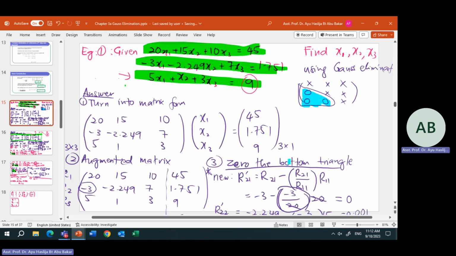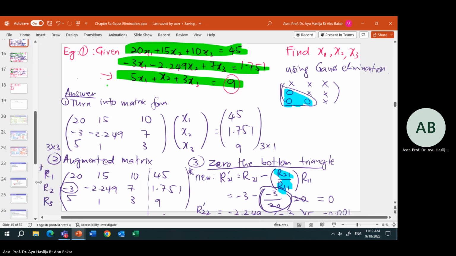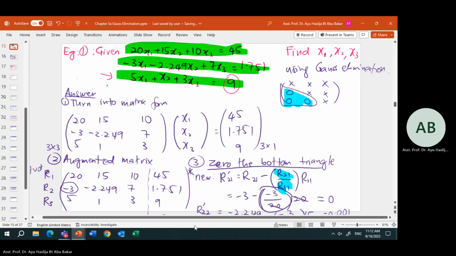By finding the factor, you will need to use the factor for the whole row. Let's say row 2 over here. We need to zero this negative 3. So we pivot row 1, then find the new equation so that this 3 will be 0.